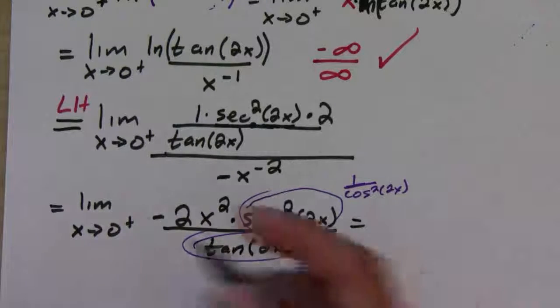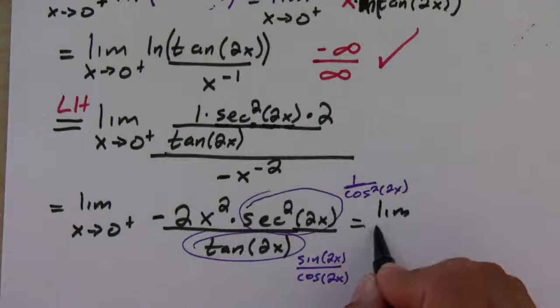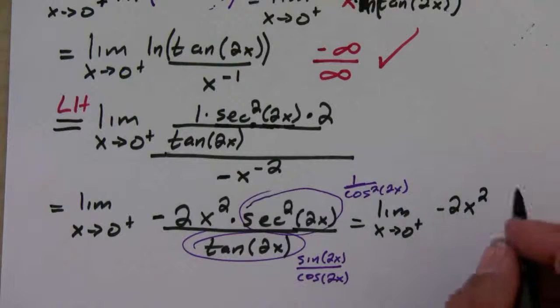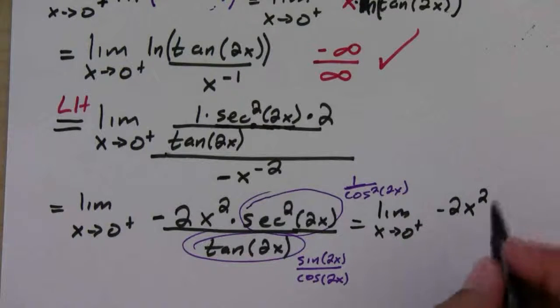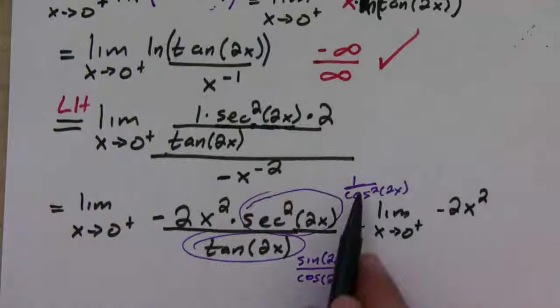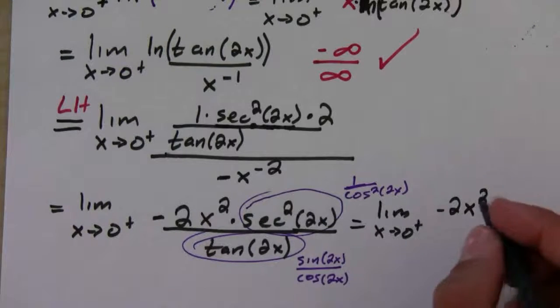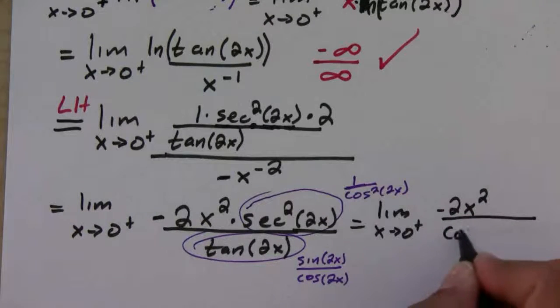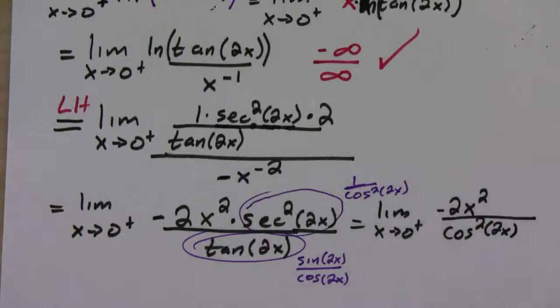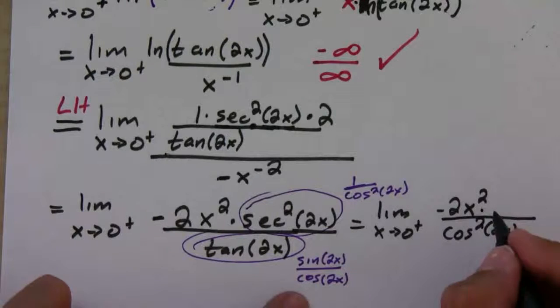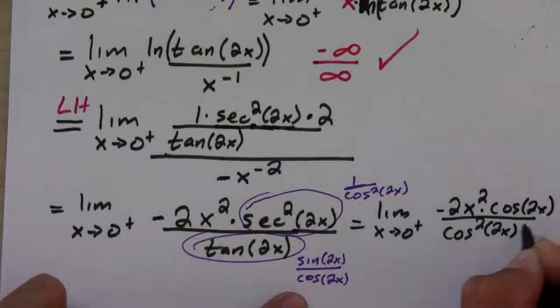And so I feel like changing these to sines and cosines and seeing if anything cancels out. So let me rewrite this. If I switch the secant squared for 1 over cosine squared, I'm going to have cosine squared of 2x on the denominator. Now this one, if I invert and multiply, the cosine of 2x is going to end up on top, and the sine of 2x is going to end up on bottom.